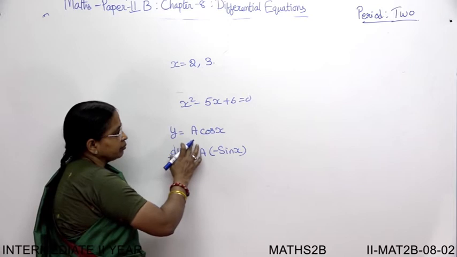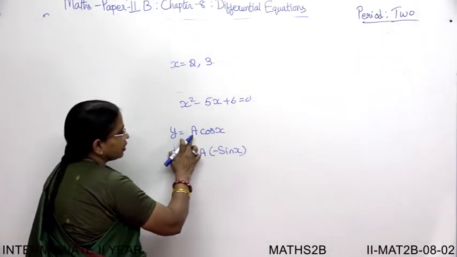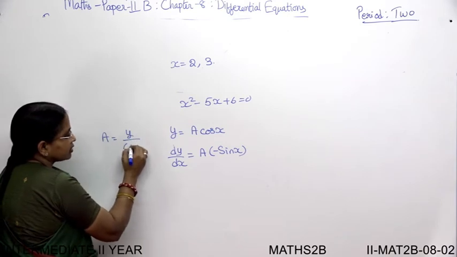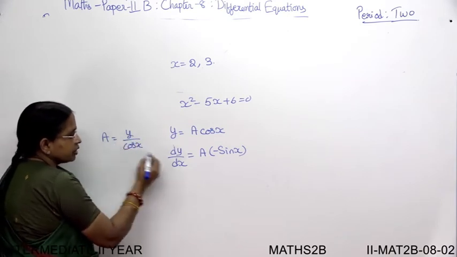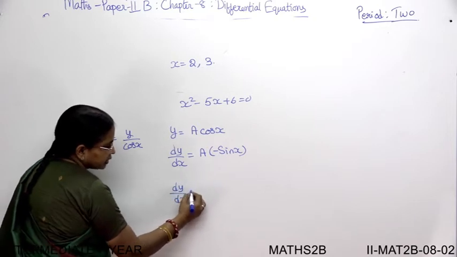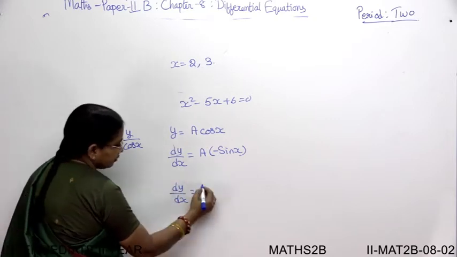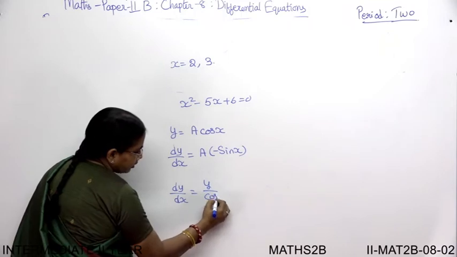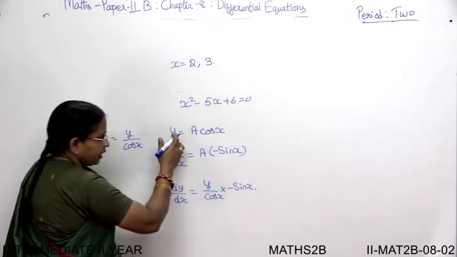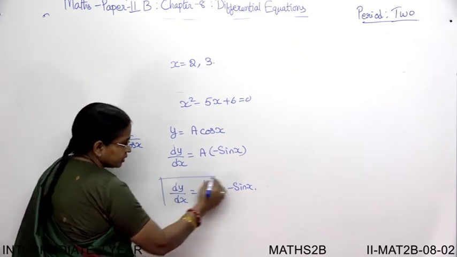Here you may think like this. I'll find out a from this. What is a? a is equal to y by cos x. So now I'll substitute this a here. So I'll get dy by dx is equal to, what is a? y by cos x. So y by cos x into minus sin x. That's all. So a got eliminated now. So this is the equation.